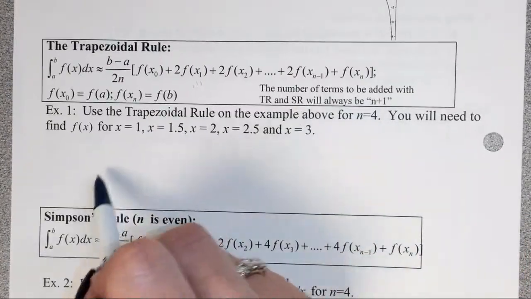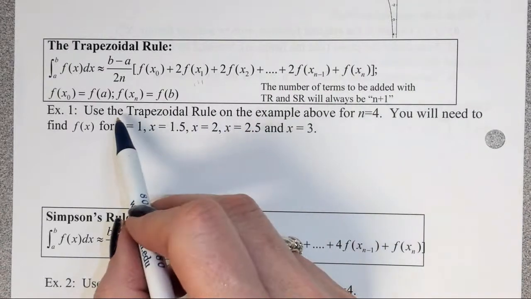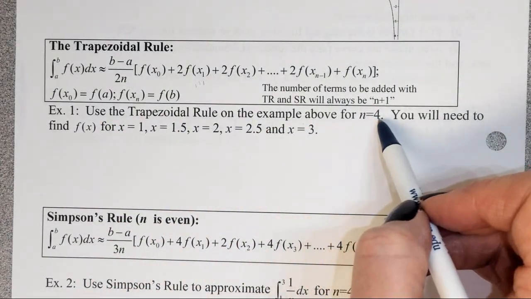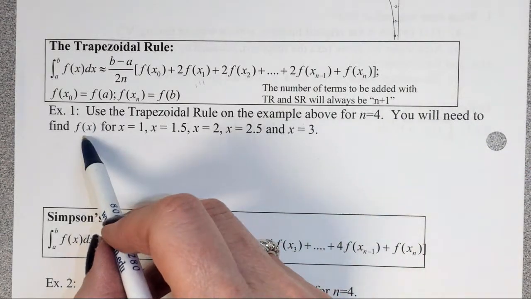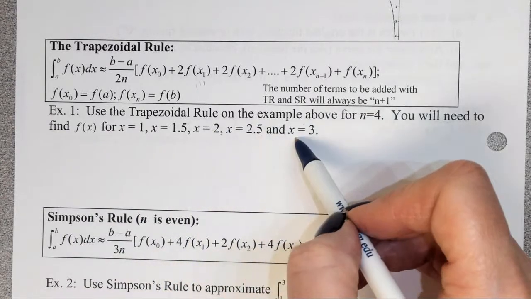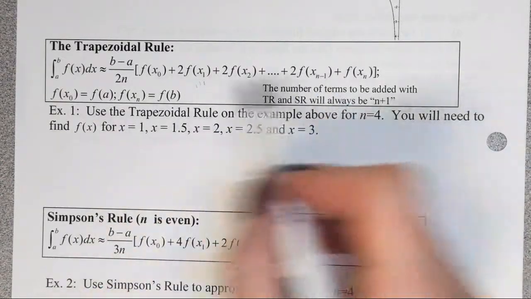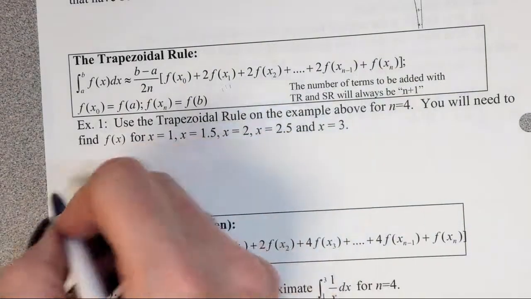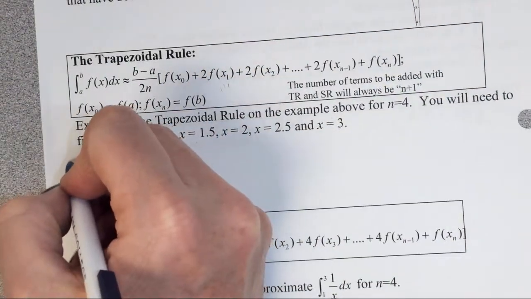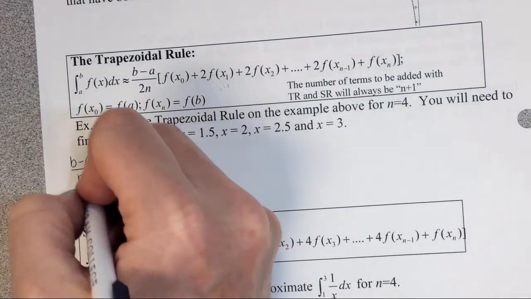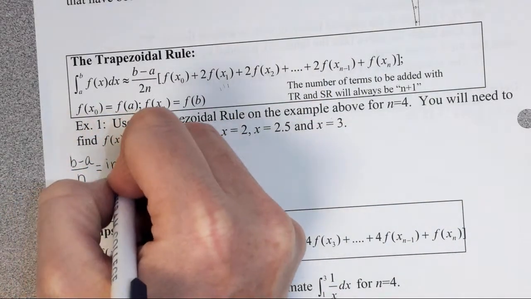All right, let's look at this and then we'll talk about some other things with it too. Use the trapezoidal rule on the example above for n equals 4. You will need to find f of x for x equals 1, 1.5, 2, 2.5, and 3. So I'm telling you here what x values you need to use. But if I hadn't told you, here's what you would have to do. You would have to do b minus a divided by n, and that's going to tell you your interval.